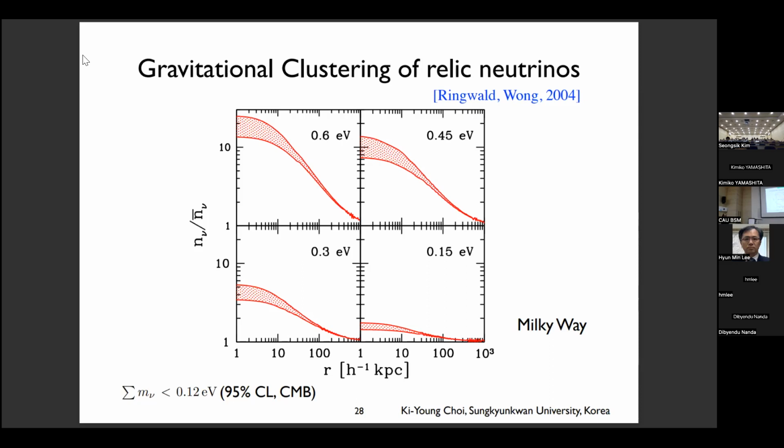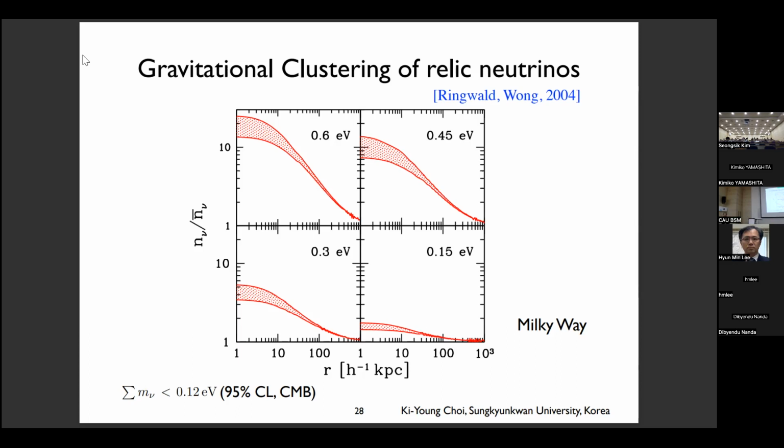If the neutrino mass is around 0.6 electron volt, then in the center, where n-bar is the cosmological average density of neutrinos and n-nu is the number density in the galaxy, it's enhanced by a factor of 20. However, if the neutrino mass is 0.15 electron volt, the enhancement is less than a factor of 2, because for small mass the velocity is much larger, the kinetic energy is large, so it's difficult to be captured in the galaxy. That's the reason. But as the mass gets larger, more density is enhanced.